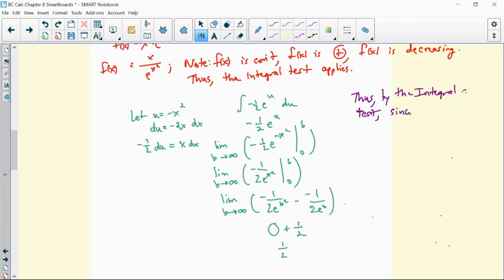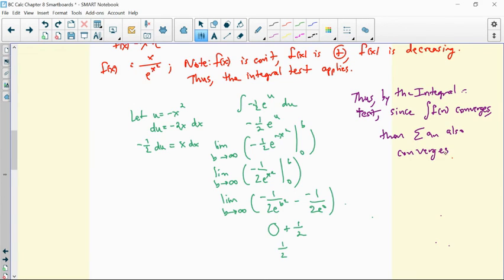Since the integral of f of x, so f sub n, converges, then the series a sub n also converges.